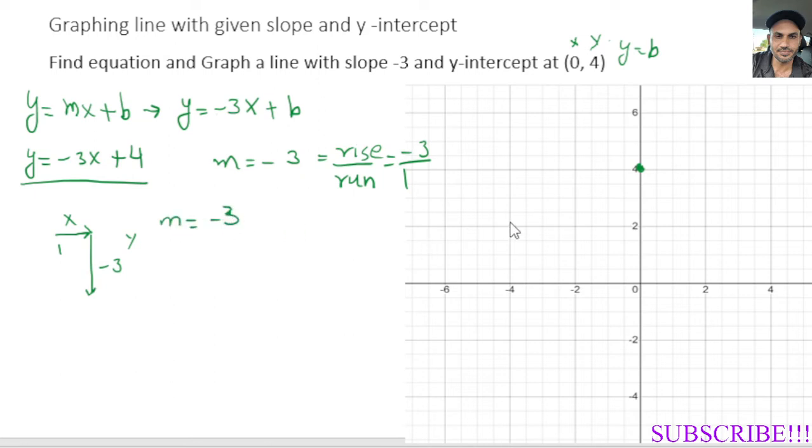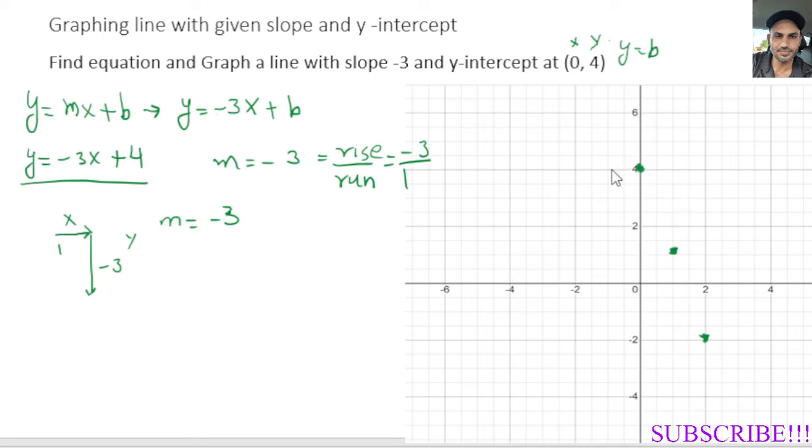All right, now let's take the information that we have and actually plot some of the points. So we start with this point that is given to us, (0, 4). So we go 1 unit to the right, and it's going to go down 3 units. So right here. That would be our next point. And then we move 1 unit to the right, and it's going to go down 3 units, like that. So that's how you can plot the next points on this line if you know the slope. If you know a point and the slope, you can go ahead and do that.